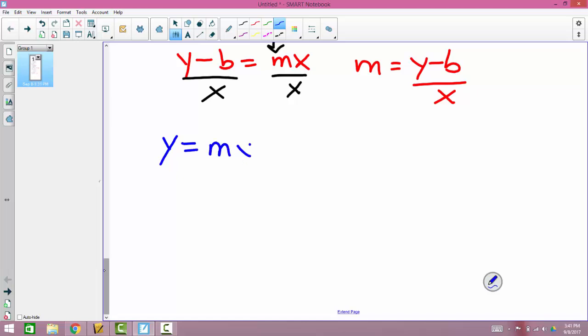Y equals mx plus b. Go ahead and isolate the x. Hit pause, see if you can do it. First step would have been to subtract b.